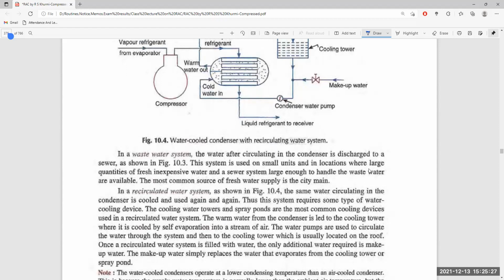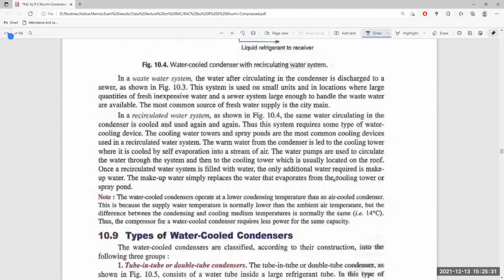In a recirculated water cooling system, the same water is recirculated again and again, cooled and heated, and circulated again and again. Now, this system requires some type of water cooling device. Cooling towers and spray ponds are the most common cooling devices used in the recirculating water system.